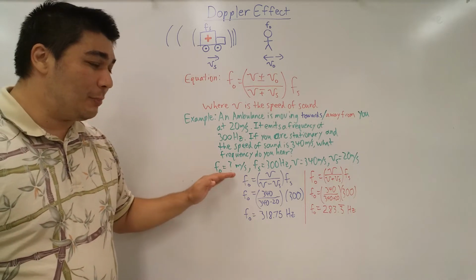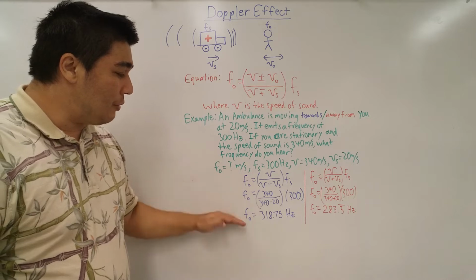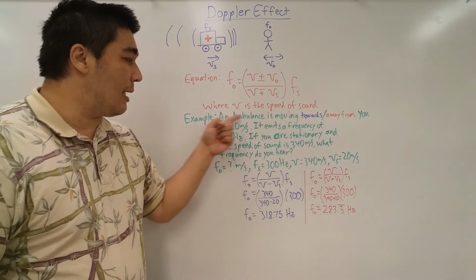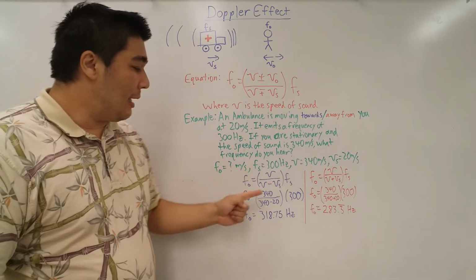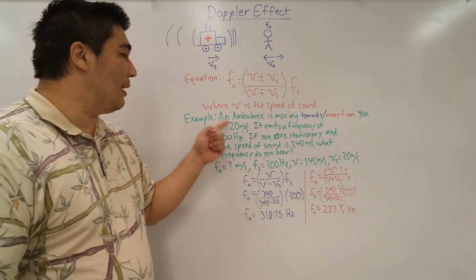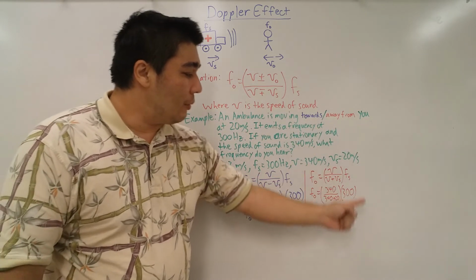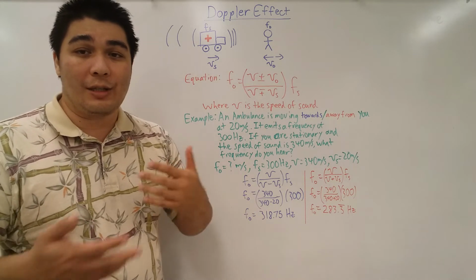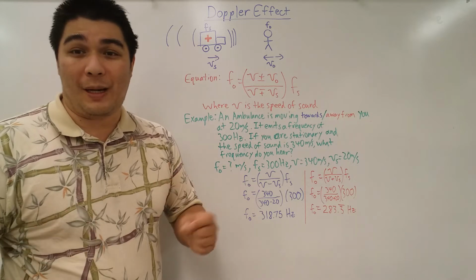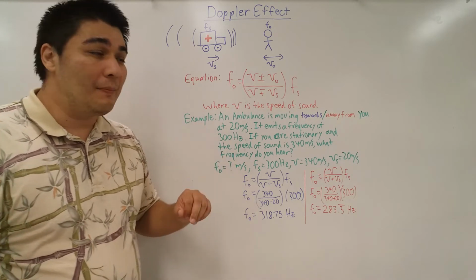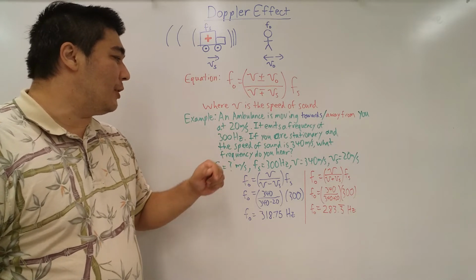When I split up the work, instead of having to rewrite this entire problem, I'm going to do the blue work, which assumes the question is saying the ambulance is moving towards you. That would be blue, and if I read the question again and it says an ambulance is moving away from you, that'll be in red. I wanted to show that just so you get an idea that I'm actually doing two different problems, from two different perspectives based on the Doppler effect. Okay, so the ambulance emits a frequency of 300 hertz.